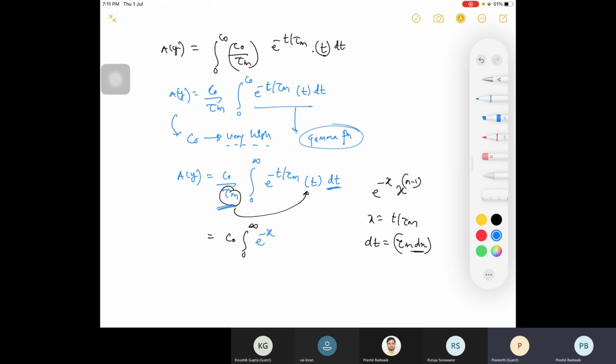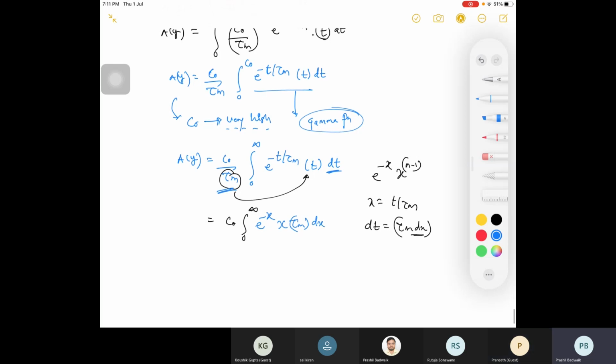How can I convert X? This is your x, and you substitute your dt, that is tau m into dx. So you'll get this curve. This is your area along y-axis.